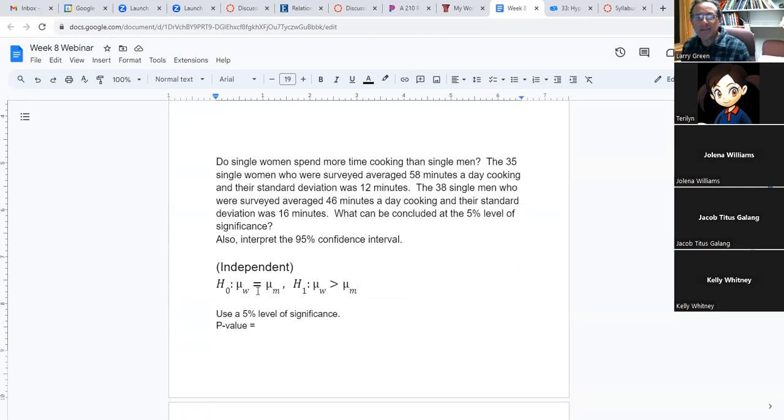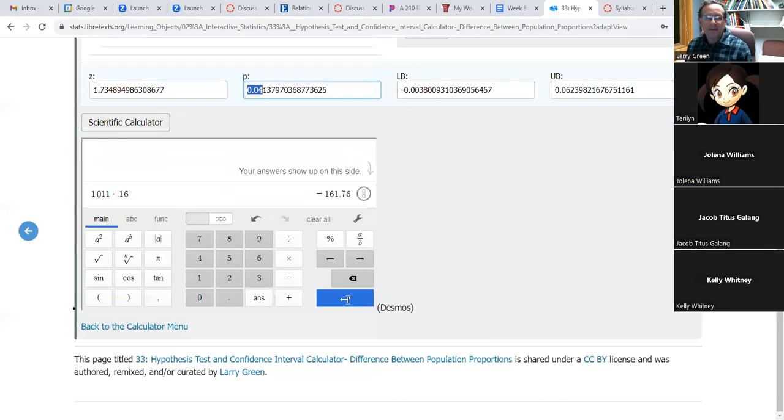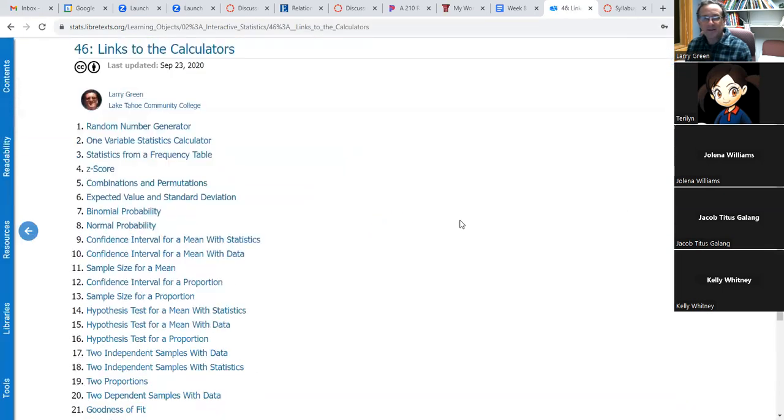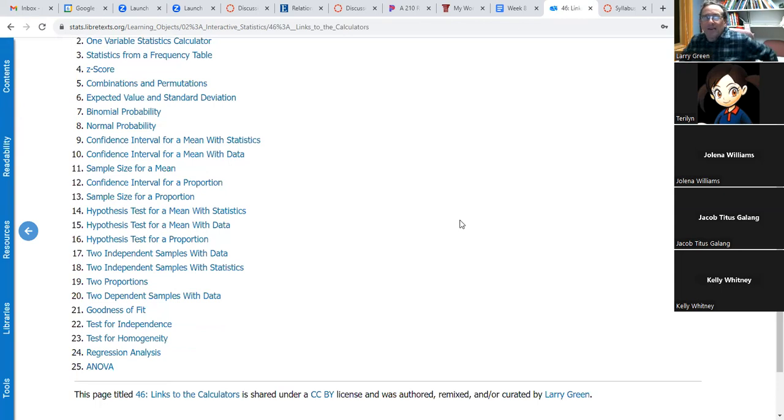So now we need to find a p-value. So we have to go to the calculator. So now let's go back to the calculator menu. What calculator do you think we need to use? I'll let you look through. Which calculator do we need to use?